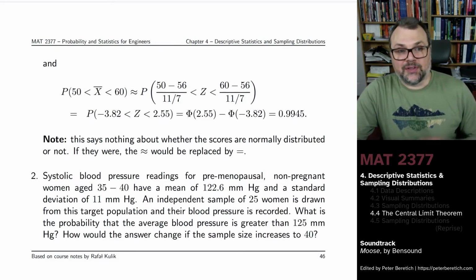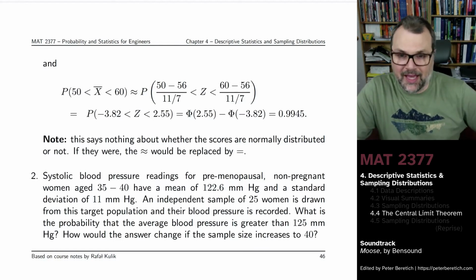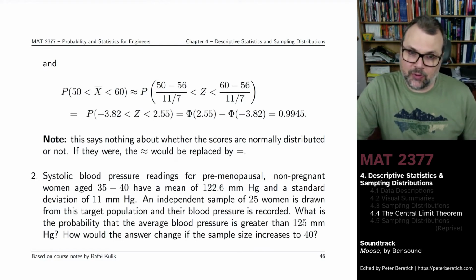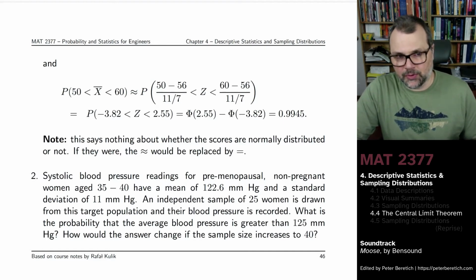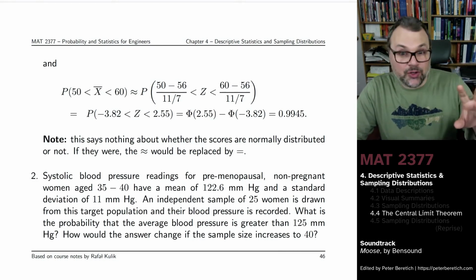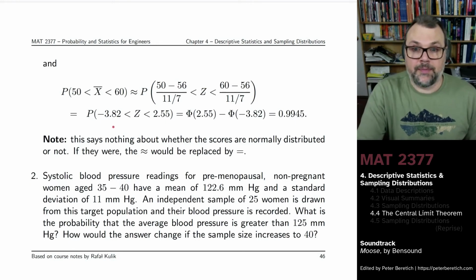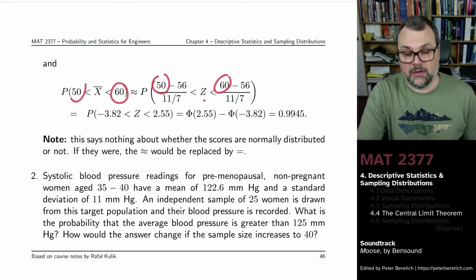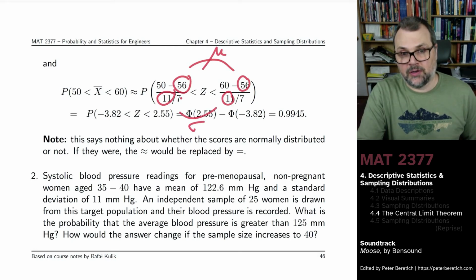The second question was to find the probability that the average would fall between 50 and 60. Again, given that the underlying distribution of grades had mean 56 and standard deviation 11. Well, you compute this probability by standardizing, or by using the standardization given by the central limit theorem. 50, 60, then the 56 comes from the mean, the 11 comes from sigma, and the 7 comes from the square root of n.